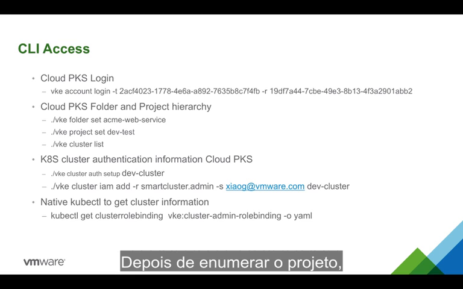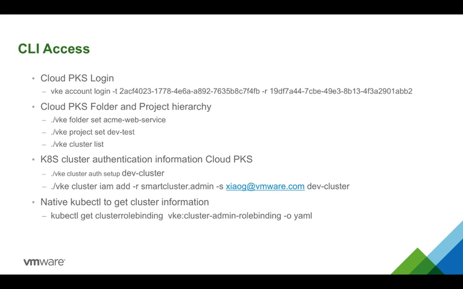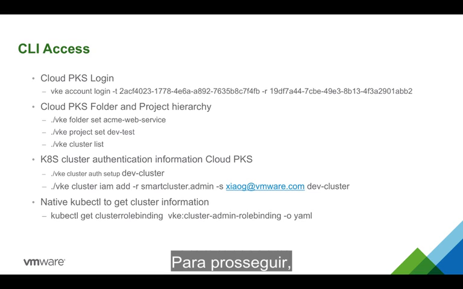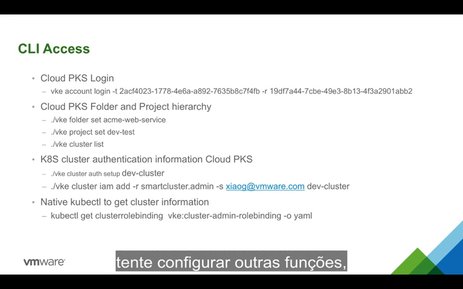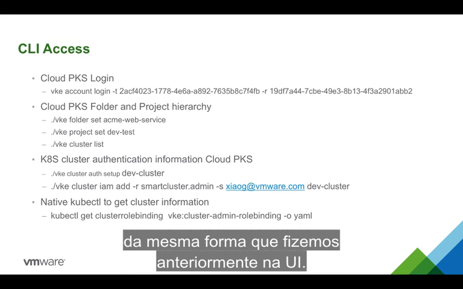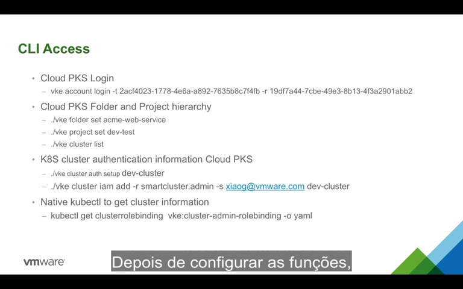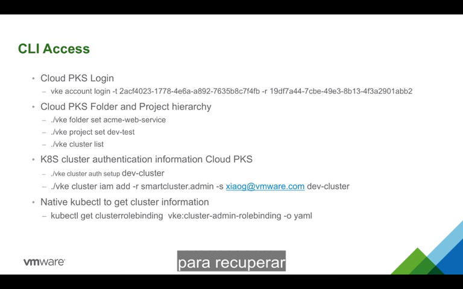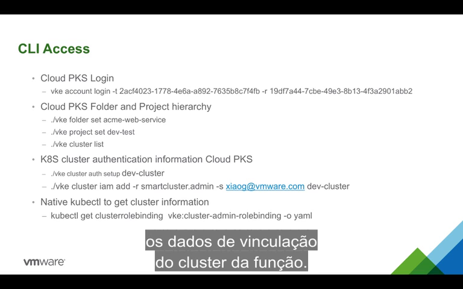Once you list the clusters, you will define your authentication information, which basically sets up your kubectl configuration, and then you would go ahead and configure additional roles, similar to how we did it earlier using the UI. And once the roles are set up, you can use the native kubectl command to retrieve the cluster role binding information against the role.